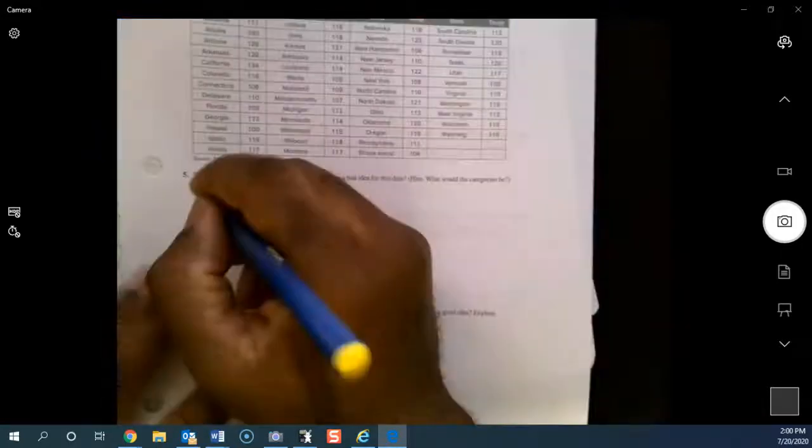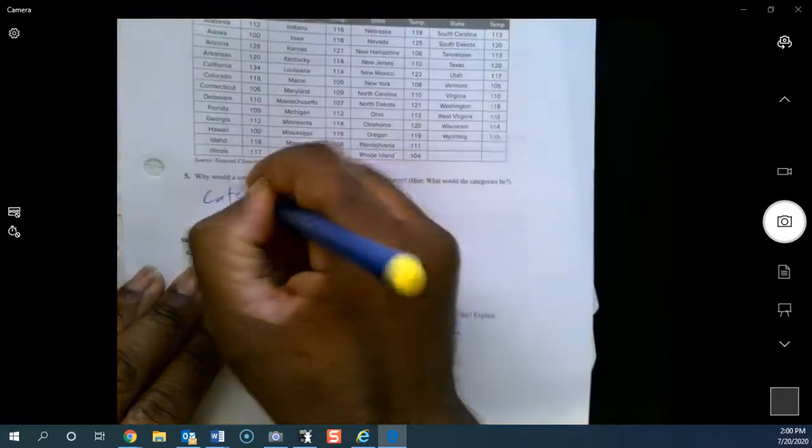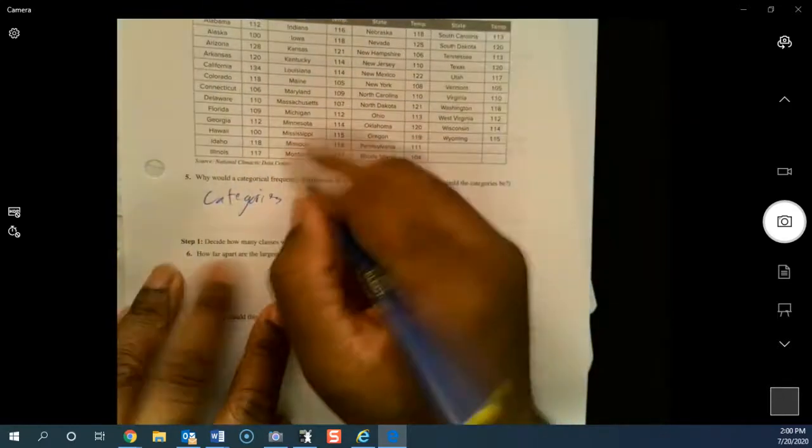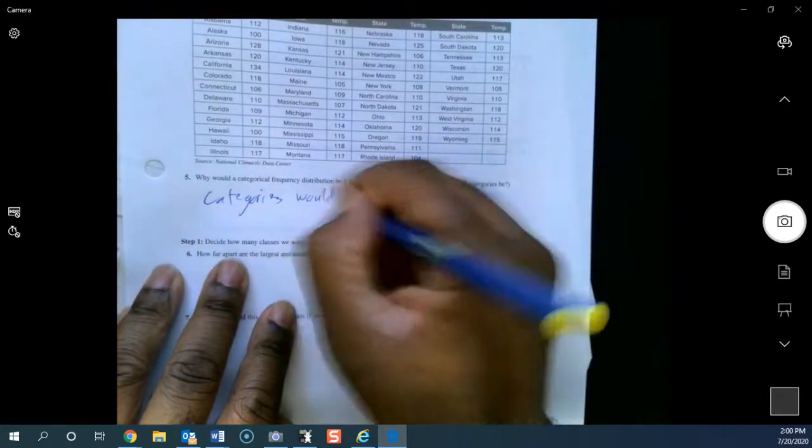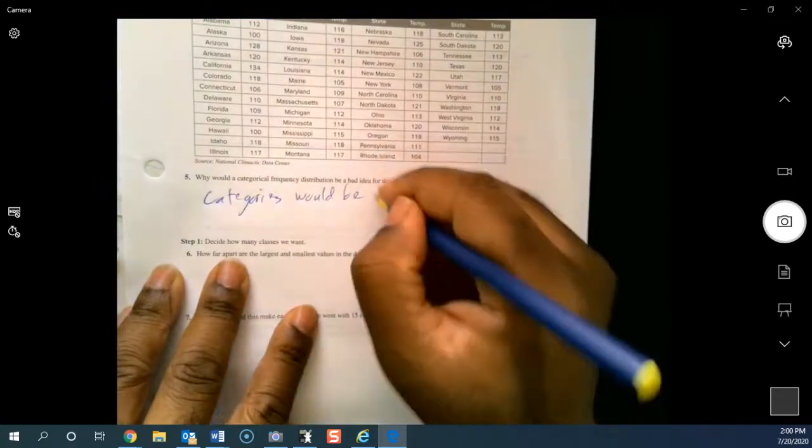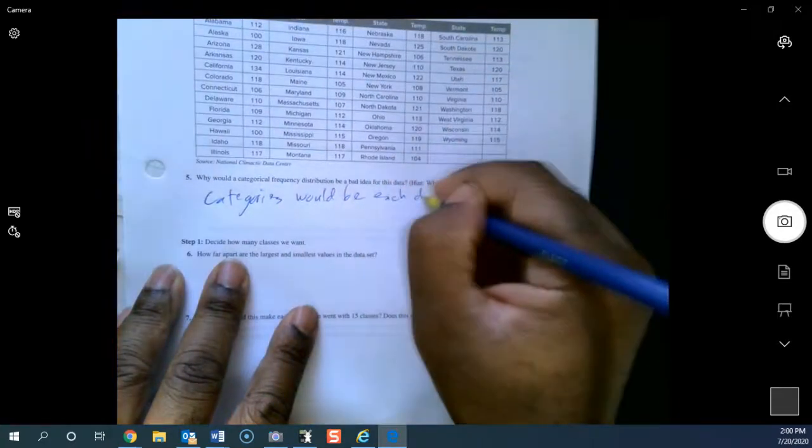Okay. And the reason being is categories would be each different temperature.